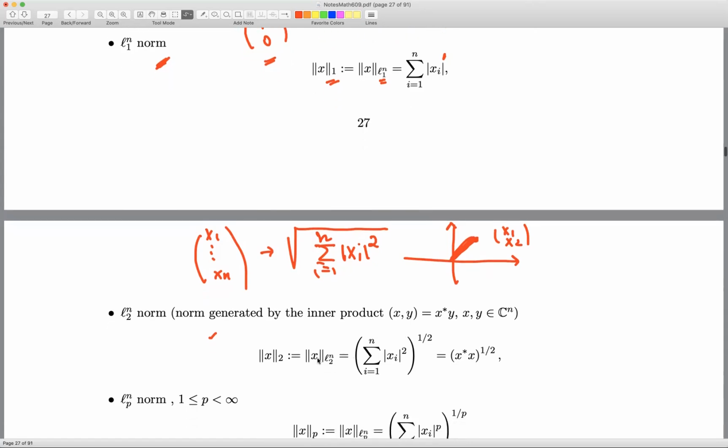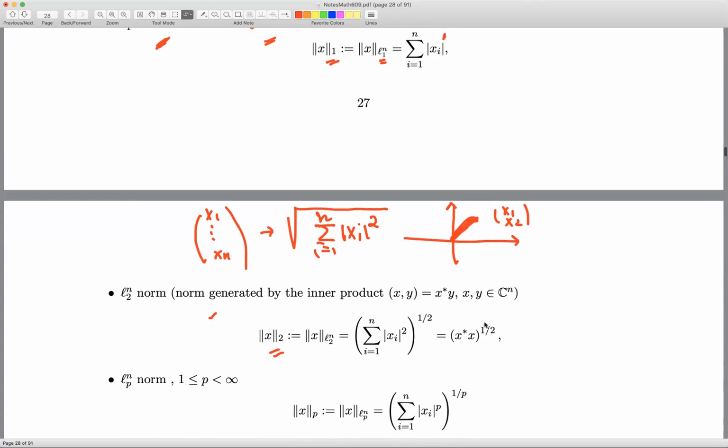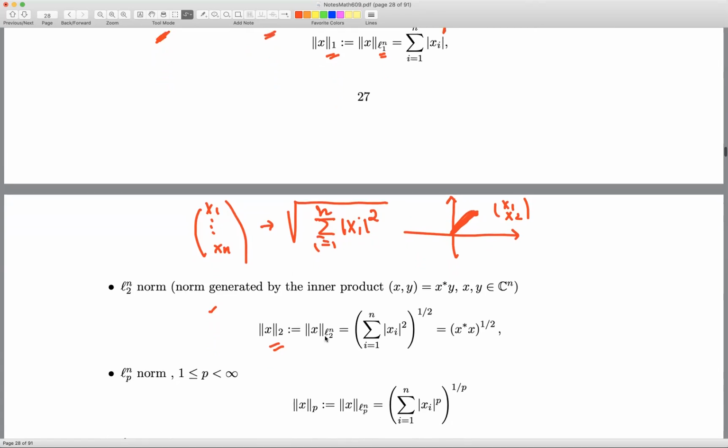Now, what is important here for the L2 norm is that, first of all, it coincides with the norm that you know so far as a distance from a point to the center of the coordinate system, or the length of the line segment. And also, the L2 norm is the norm that is generated by the inner product.